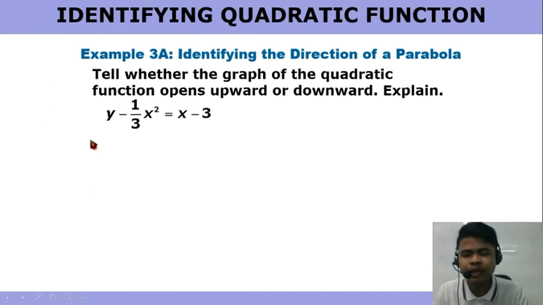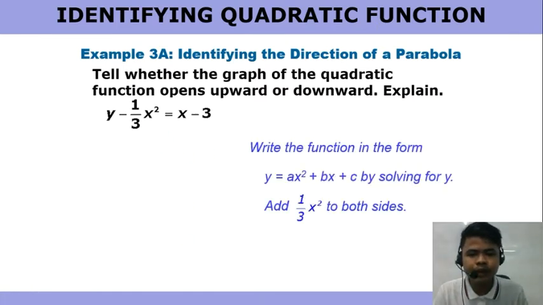Hindi siya standard form, so kailangan muna natin siyang gawin standard form. You write the function in the form of y is equal to ax squared plus bx plus c, which is the standard form of quadratic function, by solving for y.